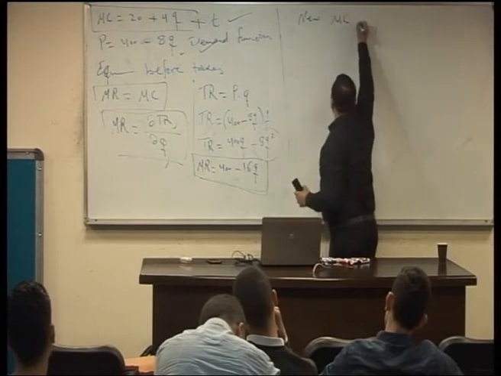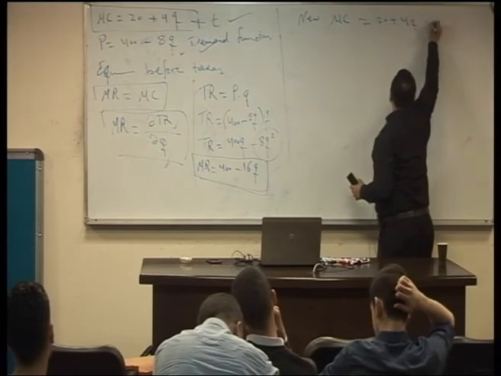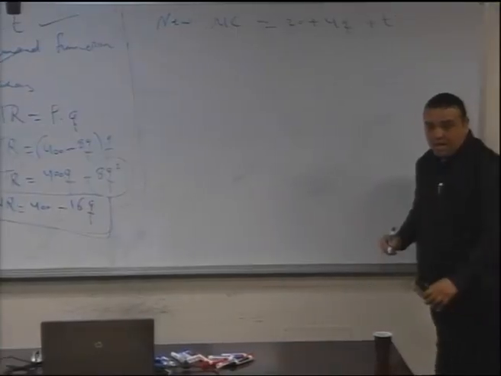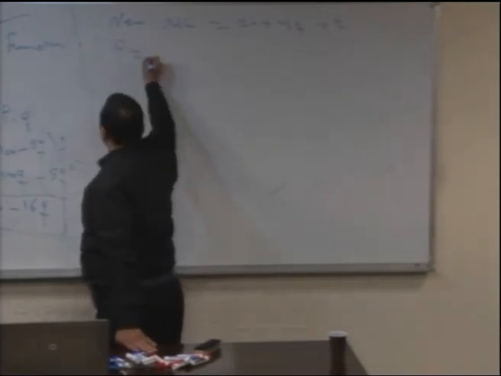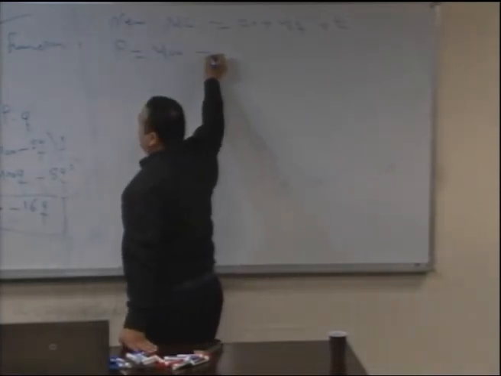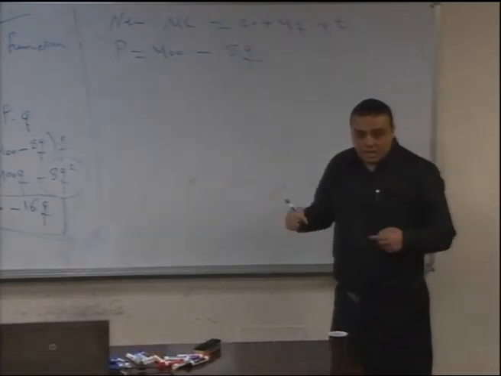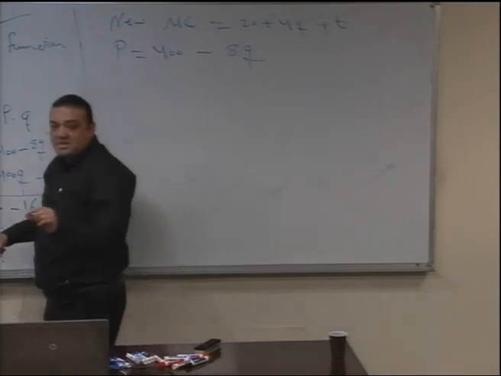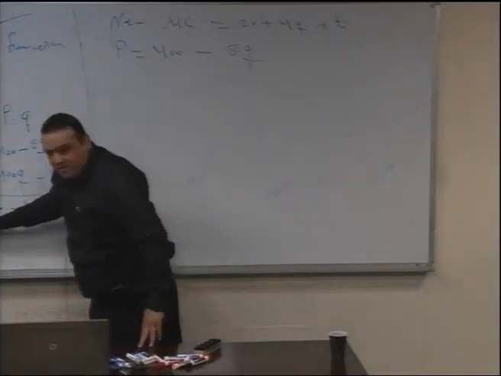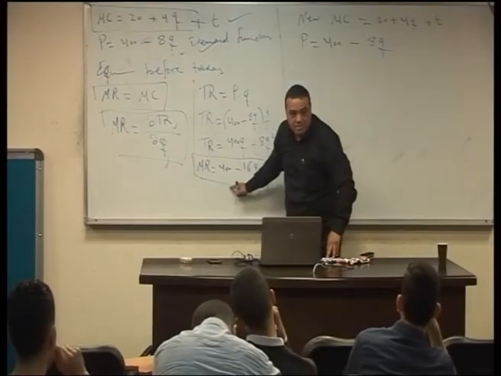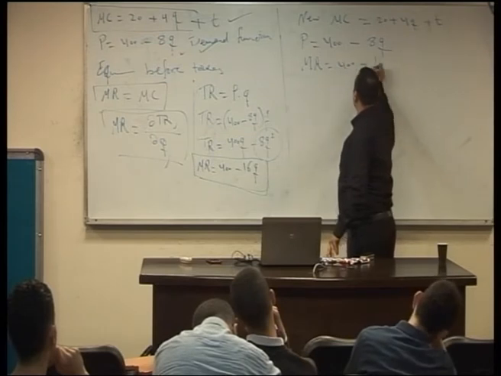And the demand price remains constant, unchanged. Hence, as there is no change in the demand price, the marginal revenue function remains constant: MR equals 400 minus 16Q.